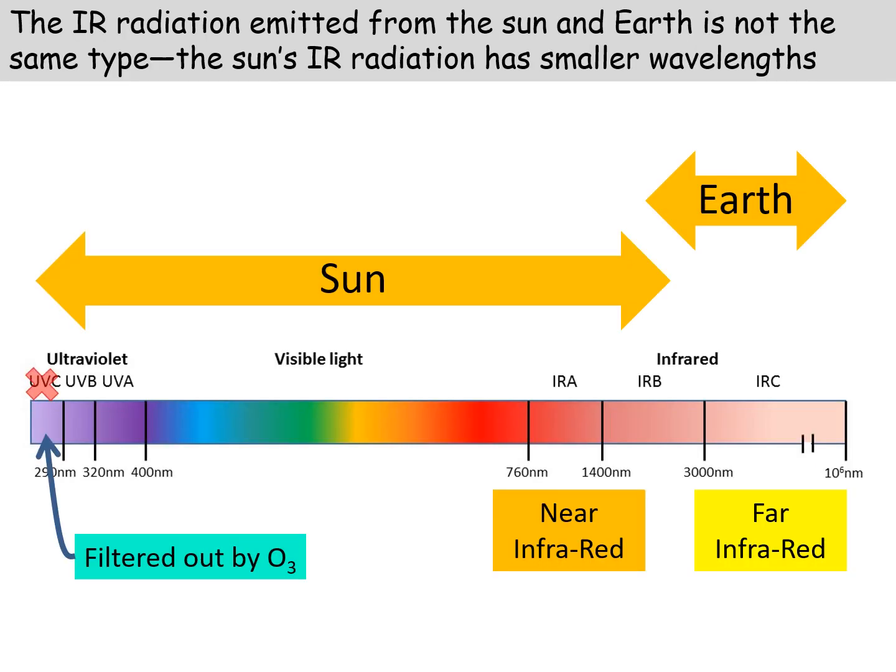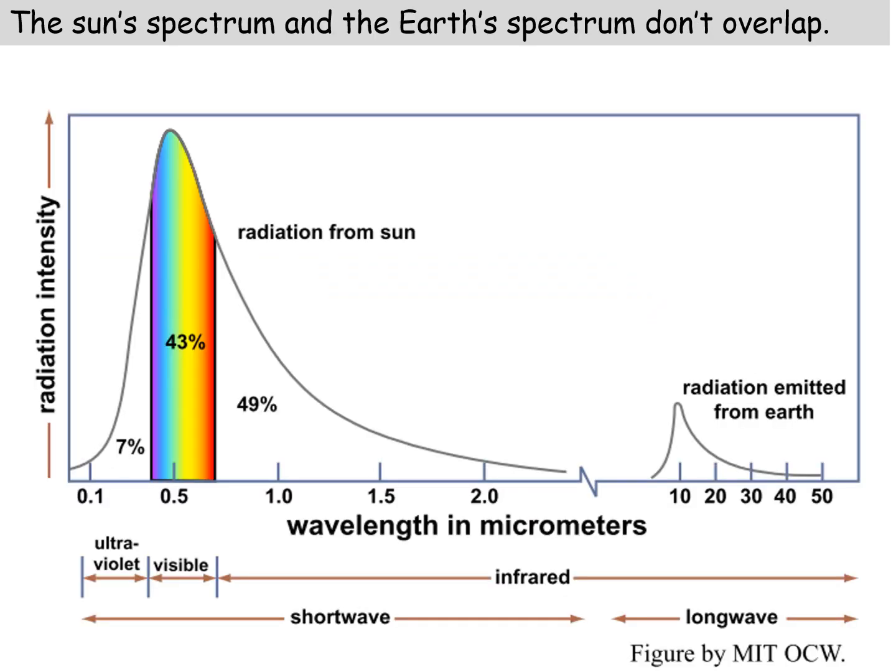To summarize, the sun and the Earth emit radiation at different wavelengths. Even in the infrared band of wavelengths, the sun emits in the near infrared, while the Earth emits in the far infrared. The two spectrums don't overlap.